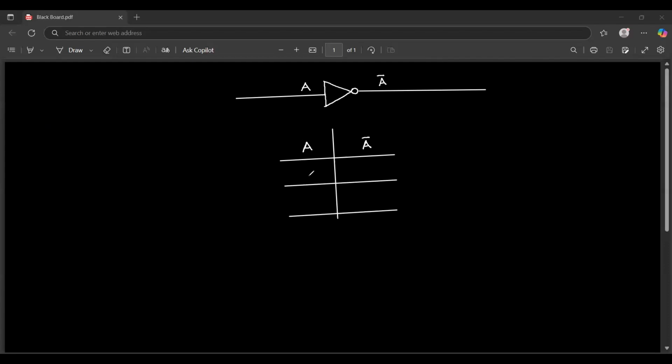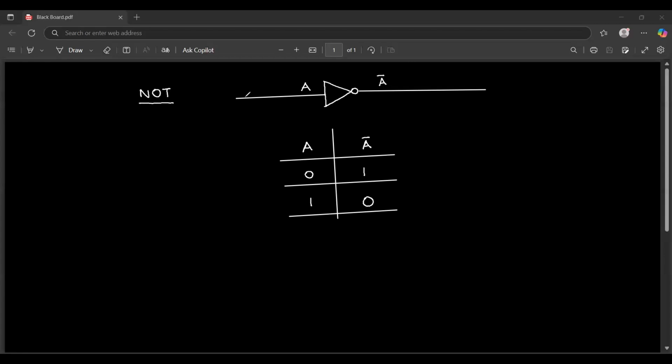Since A can be 0 or 1 at a time, what will be the output? If A is 0, not A will be 1. If A is 1, not A will be 0. So this is what we call the NOT gate. Very important gate. Keep in mind.